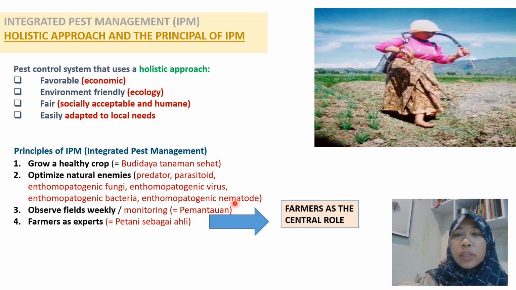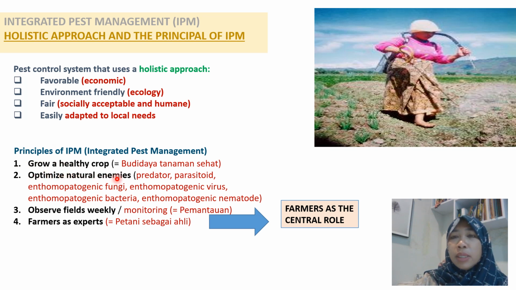There are a lot of things that we can do, so our plant would be healthy. If our plant is healthy, they have a greater immunity to defend against the pest.